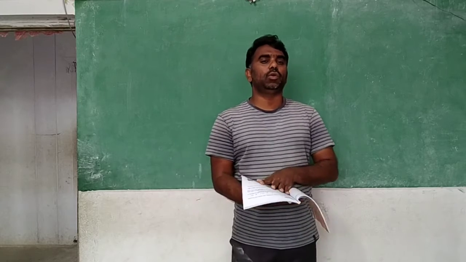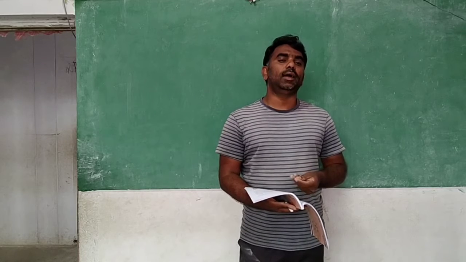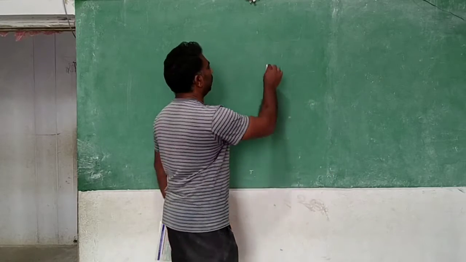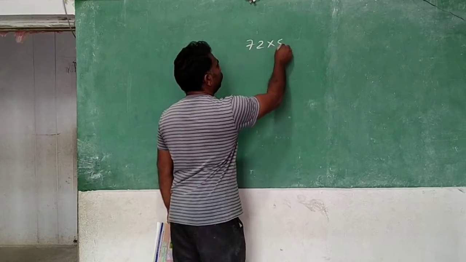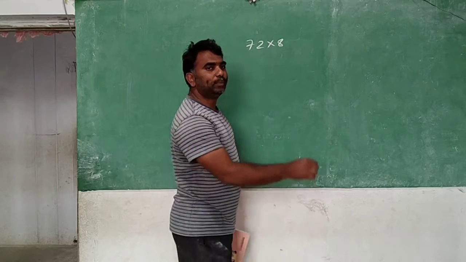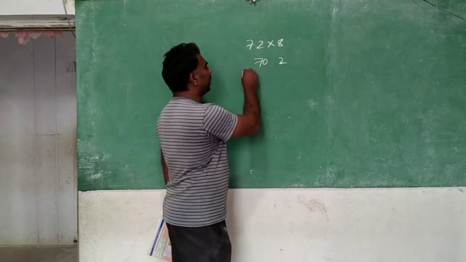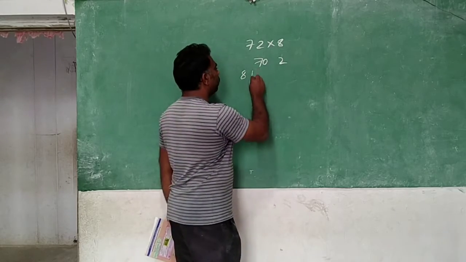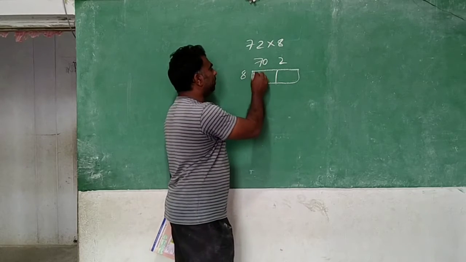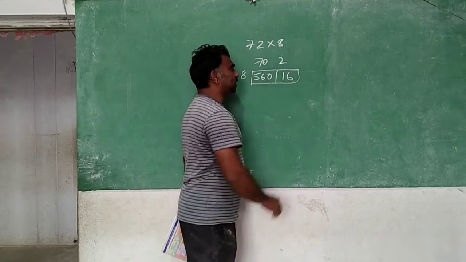Yesterday I explained how to multiply big numbers. How do you learn the two-digit number tables? Suppose, one example again: if you want to multiply 72 by 8, we split this number like this, 70 and 2, then multiply with 8. 8 7s are 56 and a 0 on the side, 560. 8 2s are 16.